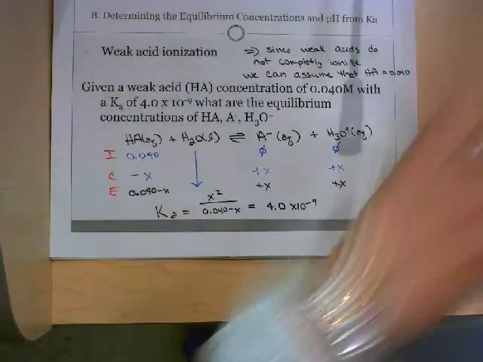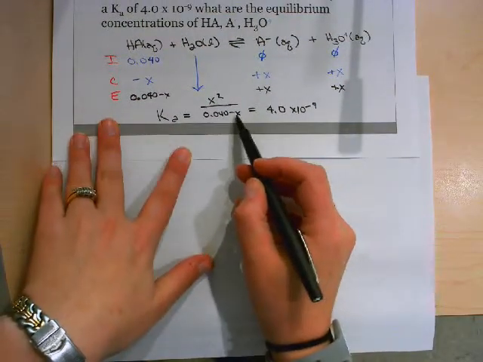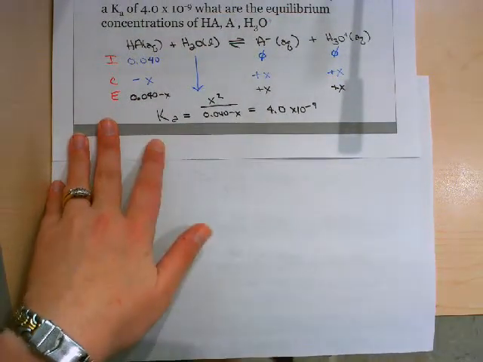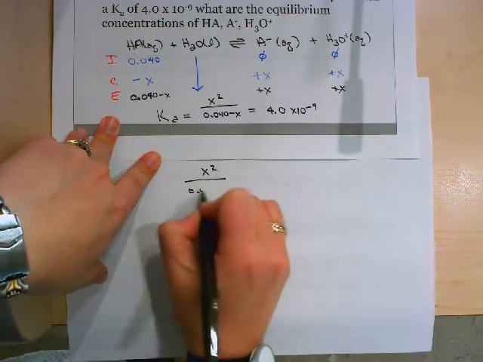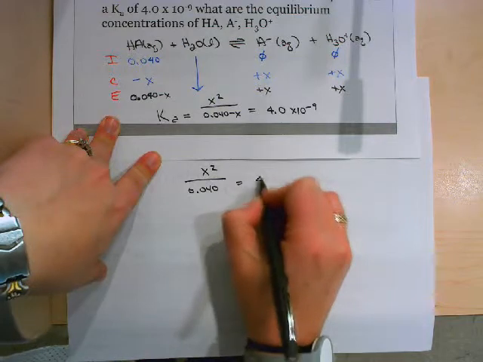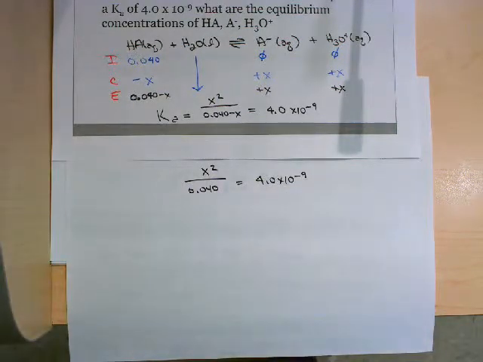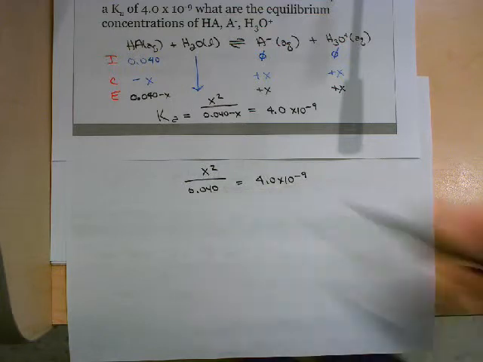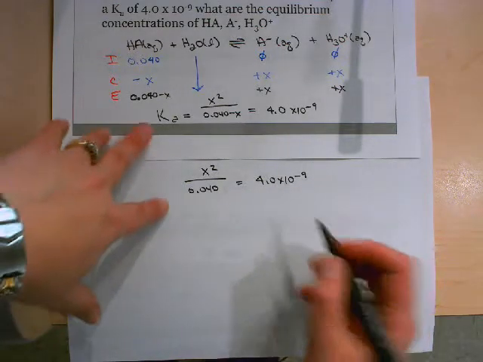So, what has happened to my Ka equation if I no longer have this minus x? I now have x squared over 0.040 equals, how do I solve that? Pretty straightforward, right? I just take the square root. Done. Much faster.